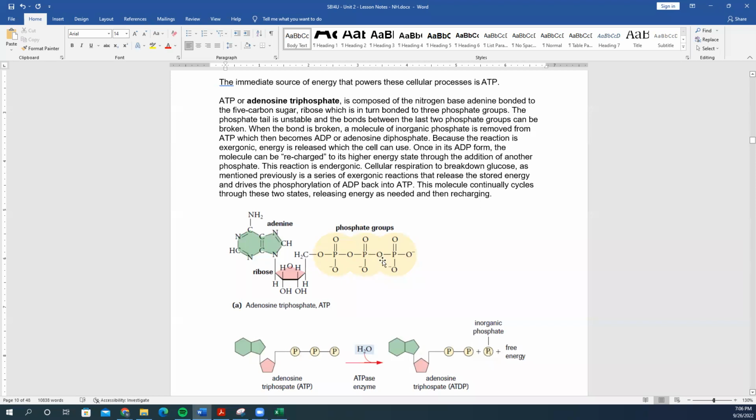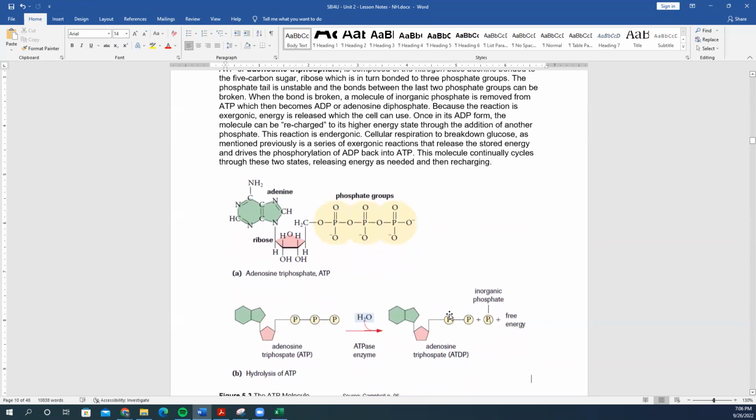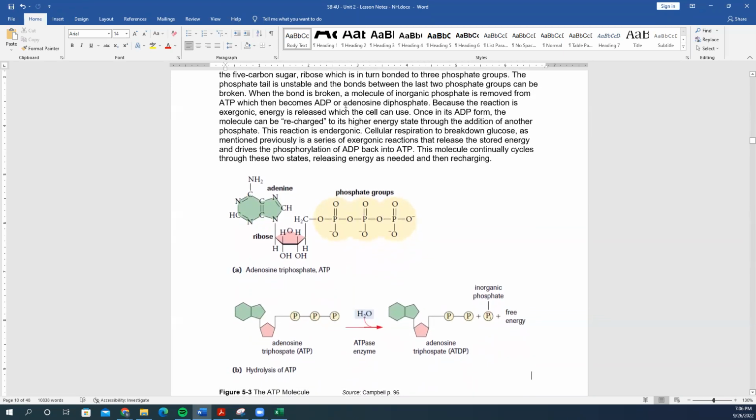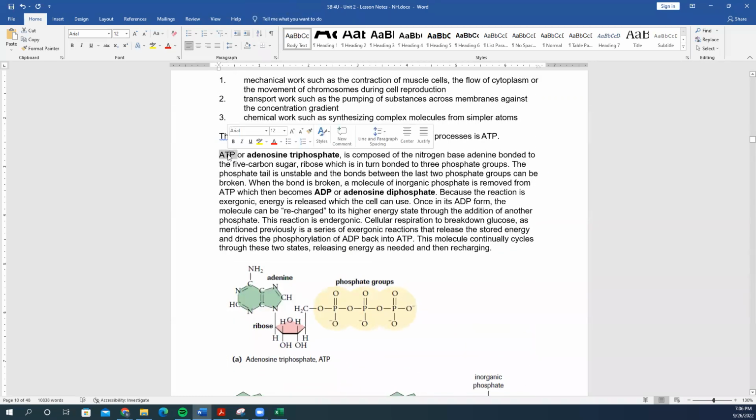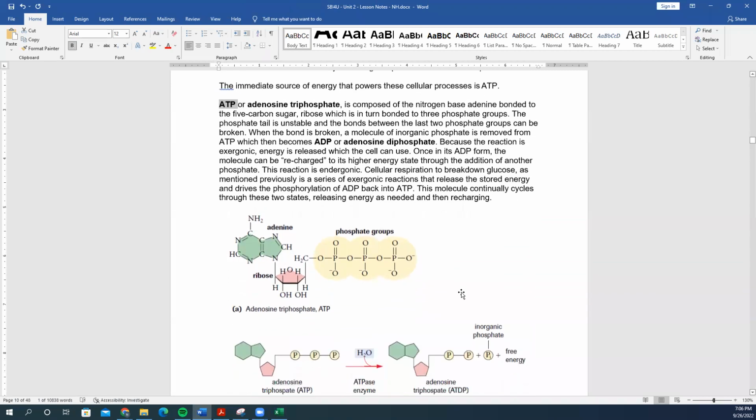And when that bond is broken, the molecule of inorganic phosphate that is released, that is removed from the ATP, then becomes ADP, or adenosine diphosphate, ADP. Right? ATP, adenosine triphosphate, ADP, adenosine diphosphate.